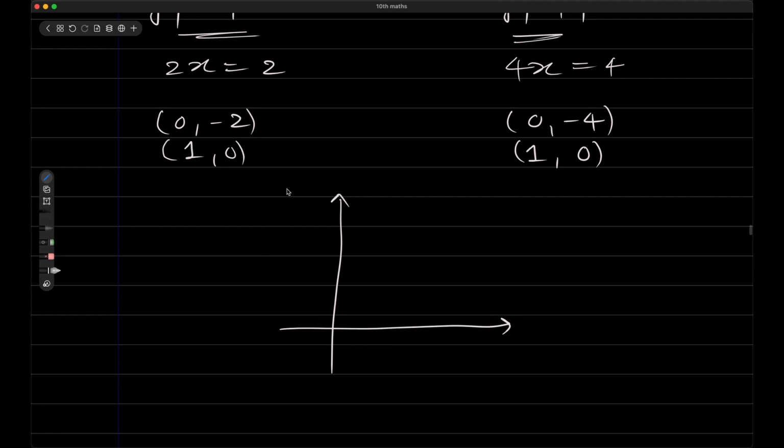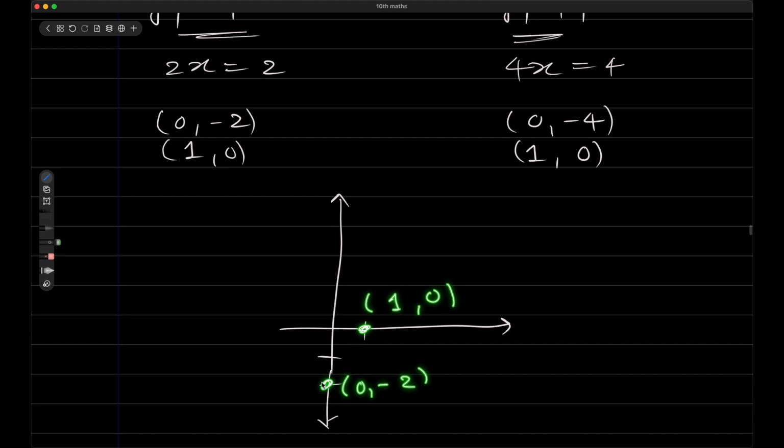For the first line, when x is 0, y is minus 2, and when x is 1, then y is 0. So the line is passing through 0, minus 2 and 1, 0.